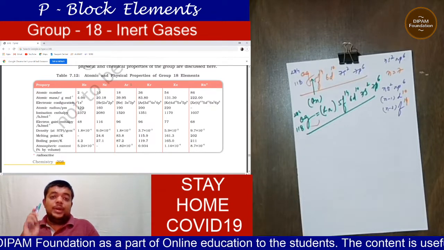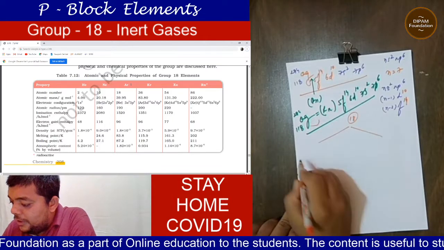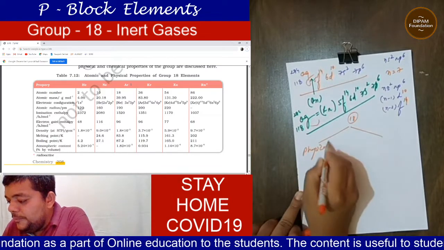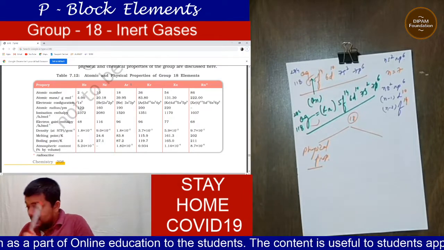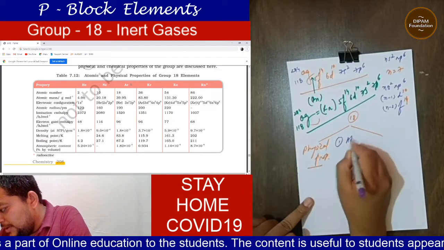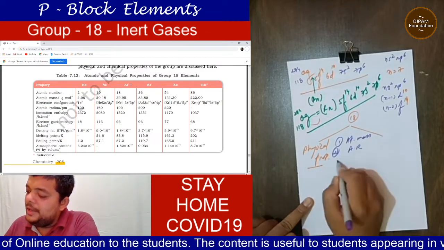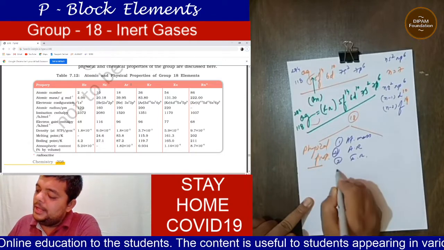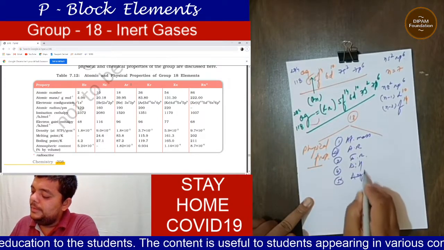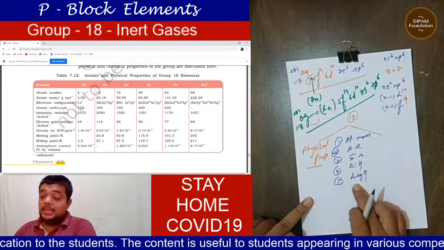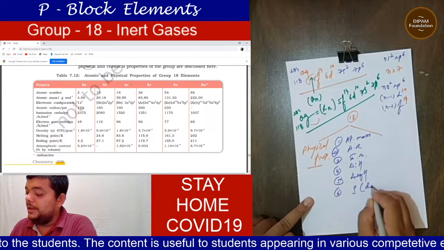If you look very carefully, for group 18 we will first learn a few of its physical properties. What physical properties are we interested in as of now? We are interested in atomic mass, atomic radii, ionic radii, ionization enthalpy, electron gain enthalpy, delta EGH, and delta, which stands for density.